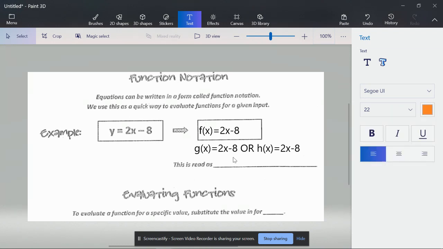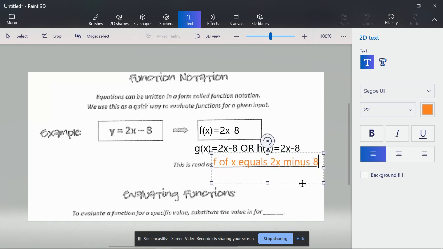We read it out loud as f of x equals 2x minus 8. So really the only thing that's changed is that instead of saying y equals, we say f of x. So the f comes from this f right here.